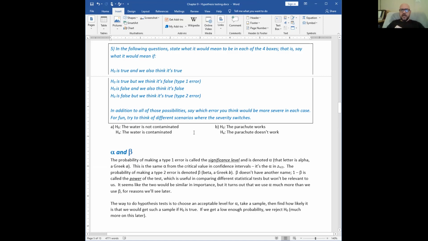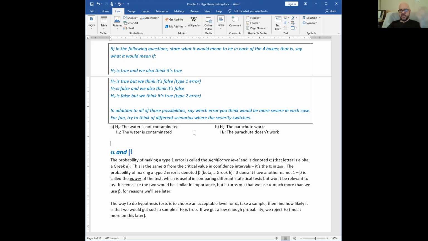It turns out that we're not going to be super concerned with the actual consequences of the errors, because we're basically learning how to do the analysis, not worrying too much about the real world impact of it. I will ask you a couple questions about these on the test. State what a type 1 error would mean and what a type 2 error would mean, that sort of thing, right?